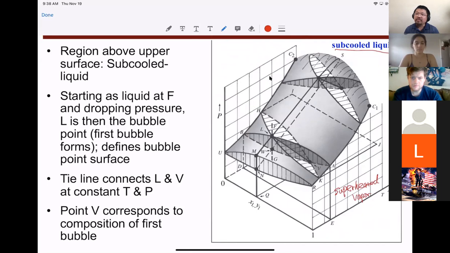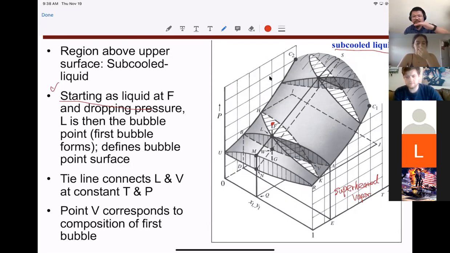Then we need to look at the way we are going to run that analysis, like we did for the two-dimensional diagram. So this is how we start with the liquid. If we pay attention, here we have this liquid condition F, that is above the phase envelope. And then we try to lower the pressure.